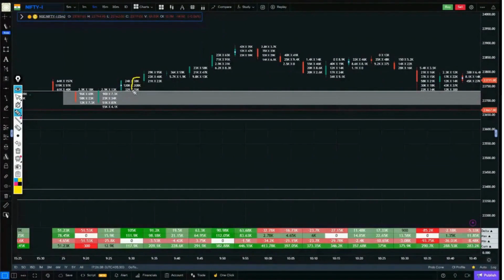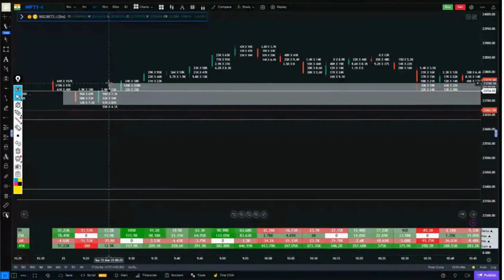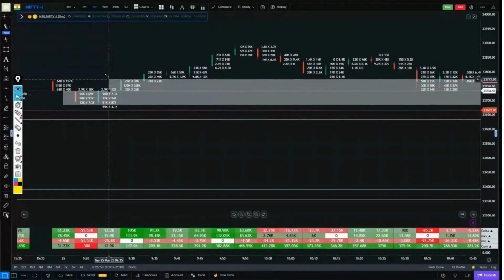So, looking at the buyer side, let's see which place has the most buying. Look here, around 200,000 quantity has been bought at this particular point. First, there was a selling exhaustion, which indicated that the trend is bullish. And second, there was significant buying observed. This is the significant buying.